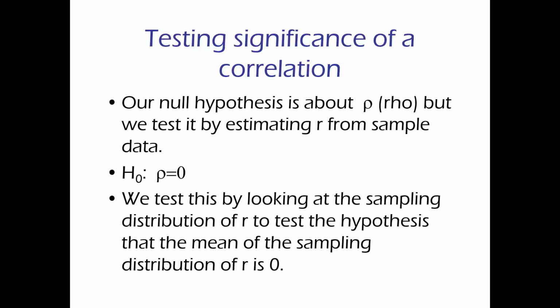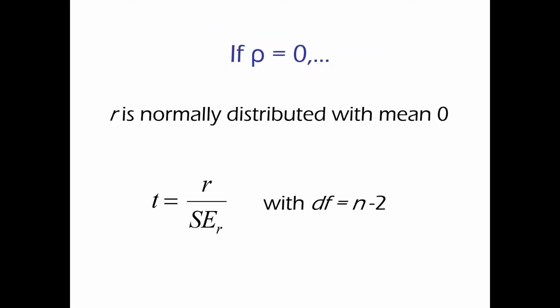It's tested by looking at the sampling distribution of R to test the hypothesis that the mean of the sampling distribution of R is 0. So, if rho equals 0 in the population, as stated in the null hypothesis, R in our sample will be normally distributed with the mean of 0.